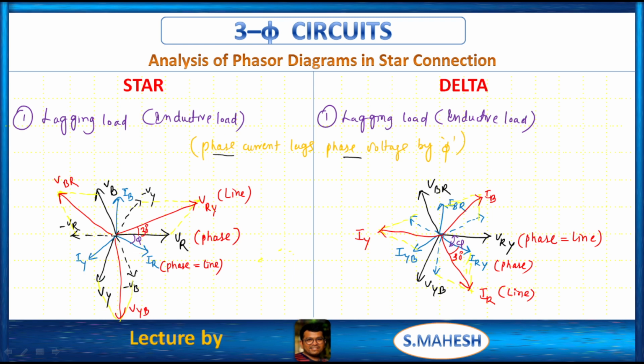Now what is the phase angle between line voltage and line current? That is 30 from here to here, 30 from here to here, and phi. So the phase angle between line voltage and line current is 30 plus phi. These are very important observations.